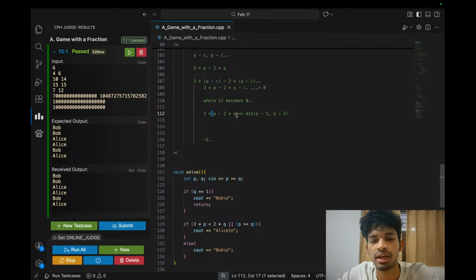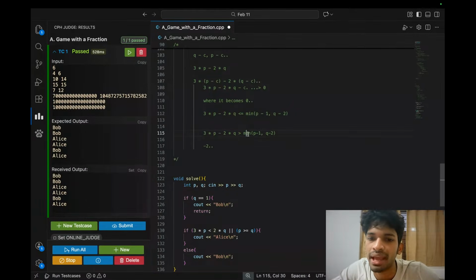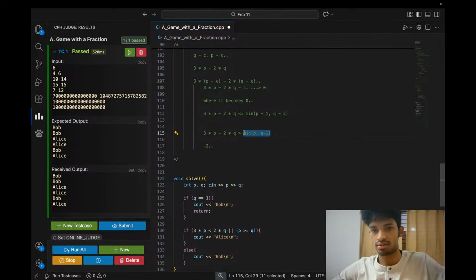And after some time, this will be gone, and Alice will win. 3 times P minus 2 times Q greater than minimum of P minus 1, Q minus 2. If they make these many number of moves, Alice will win.